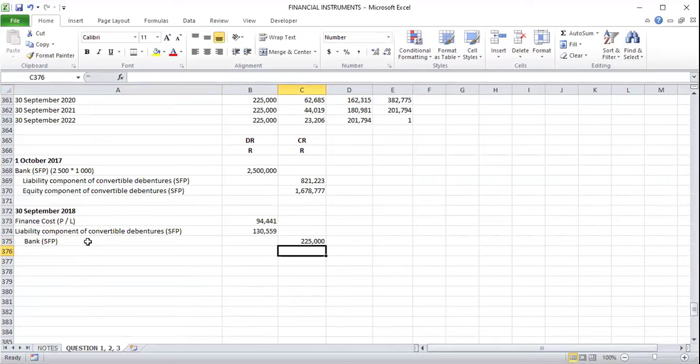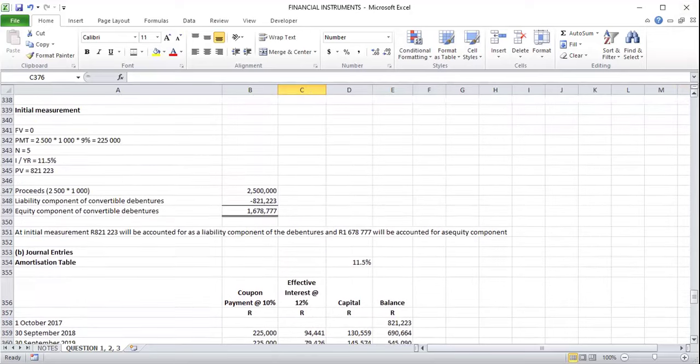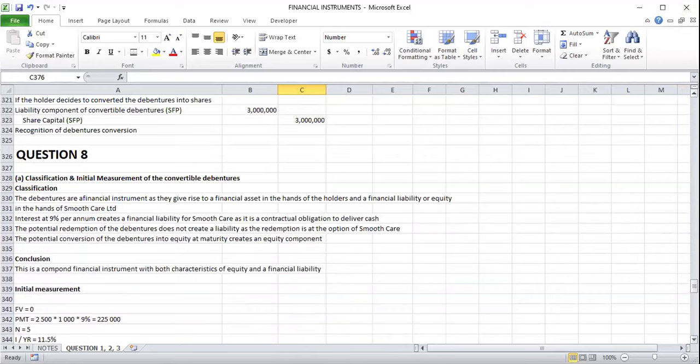Any questions? Eugene, I have a question. Can you please just scroll up? With regards to the last two sentences, the potential redemption regarding the equity and liability, how did you come about that the redemption of the debentures does not create a liability?